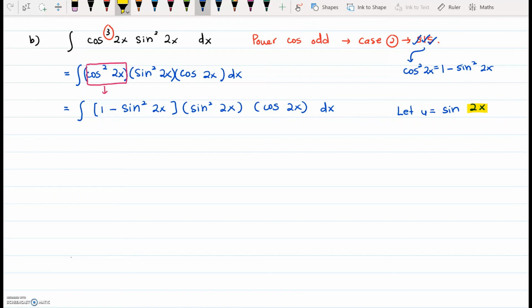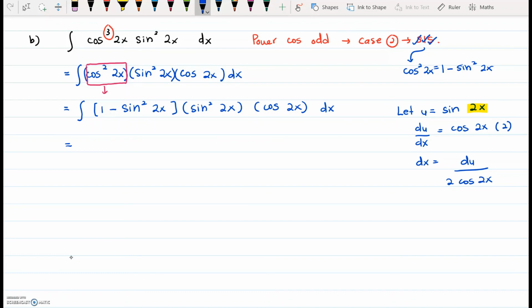So we have du dx will be cos 2x times 2. When you write dx as the subject, you will get du divided by 2 cos 2x. Okay class?